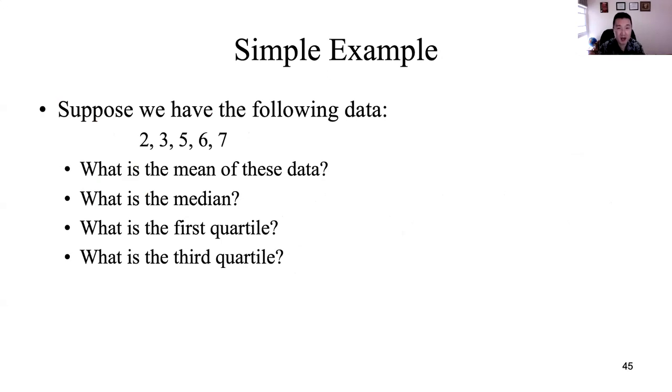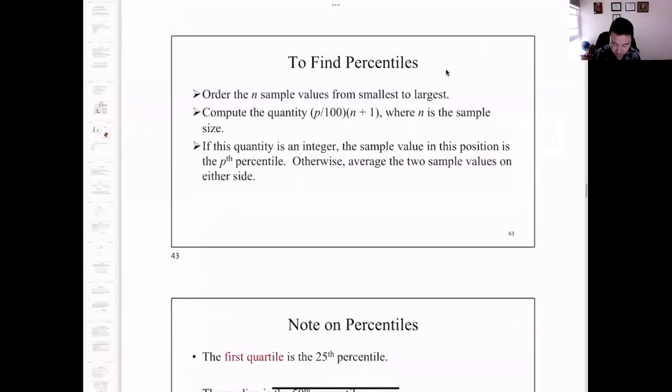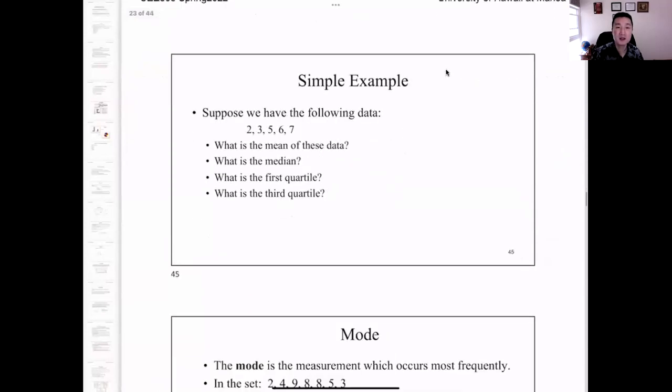So let's say we have 5 numbers: 2, 3, 5, 6, and 7. Let me share my notes with you so I can write down the calculation. That's already arranged from the smallest to the largest.